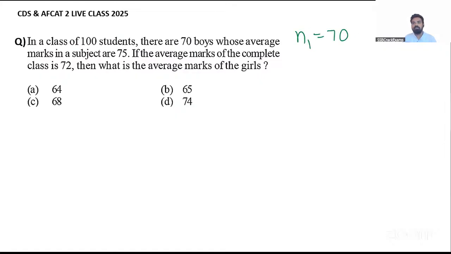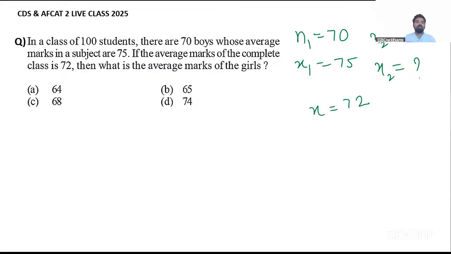The number of girls will be n2 is equal to 100 minus 70, which is equal to 30. Okay. So the average marks of boys, that is x1, is equal to 75, and the average marks of girls we need to find. And the complete average of the class is given to be 72.